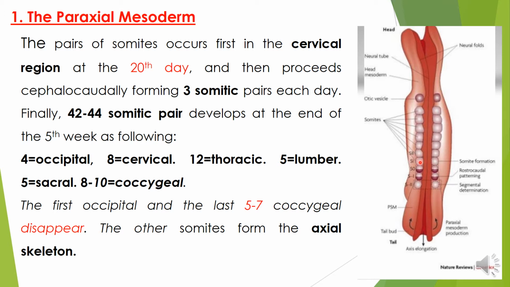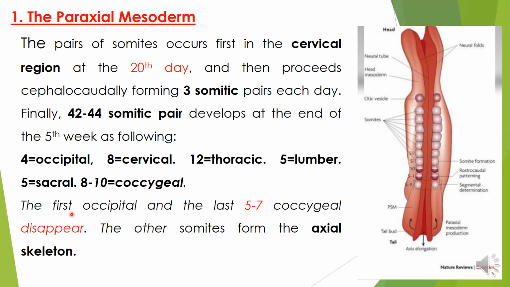Finally, 42 to 44 somite pairs develop by the end of the 5th week as follows: 4 occipital, 8 cervical, 12 thoracic, 5 lumbar, 5 sacral, and 8 to 10 coccygeal.